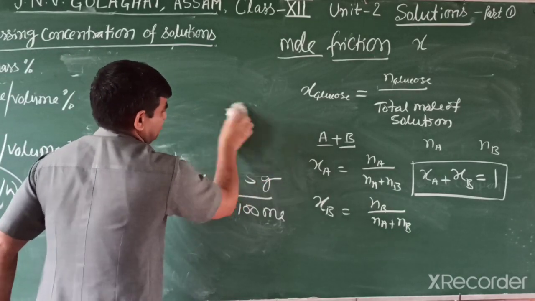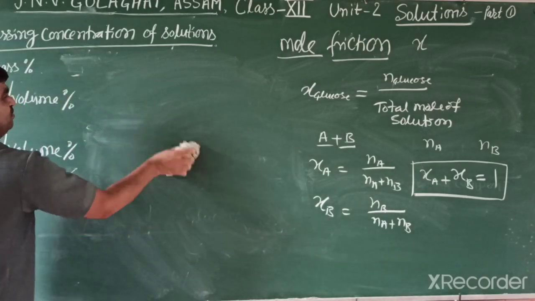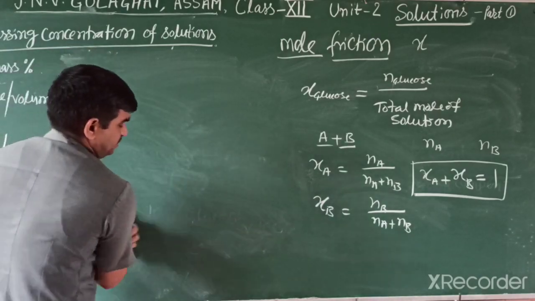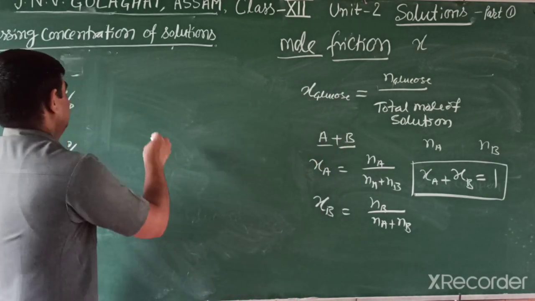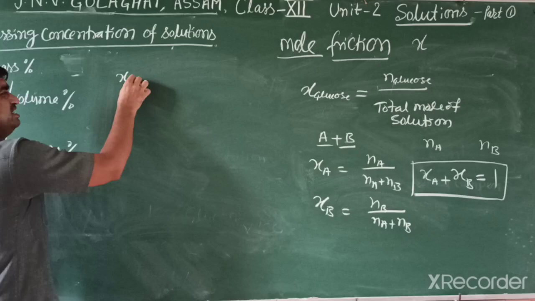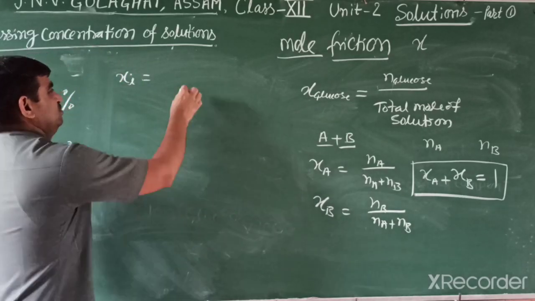If more than 2 components are present, 3, 4, 5, many components, how can we identify the mole fraction?